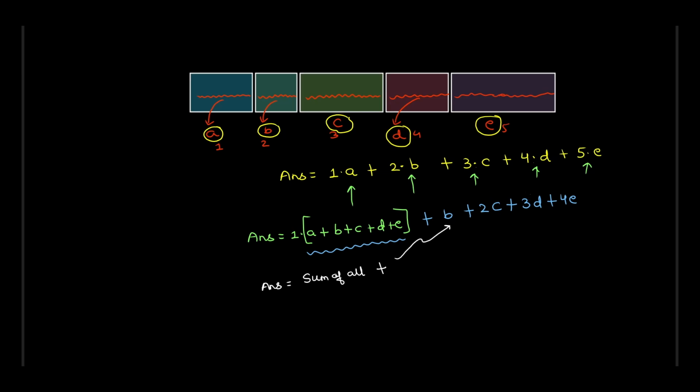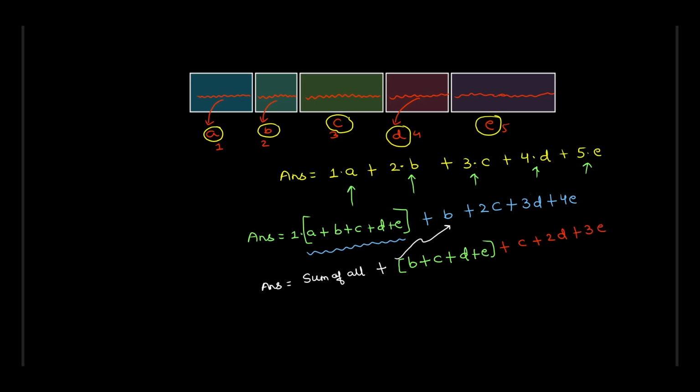If I do that, I get B plus C plus D plus E, and what remains is C plus 2D plus 3E.